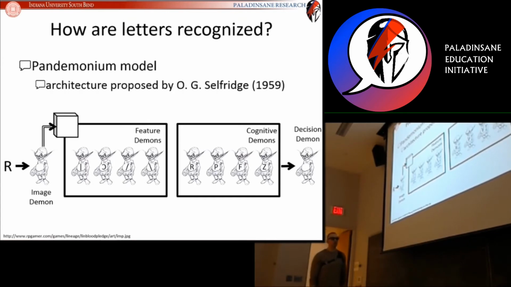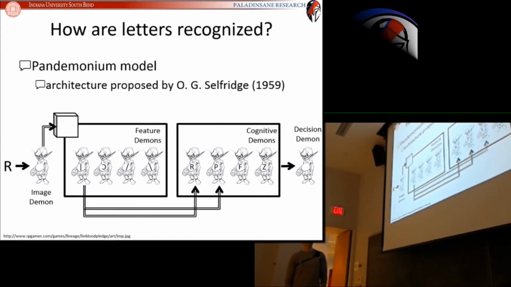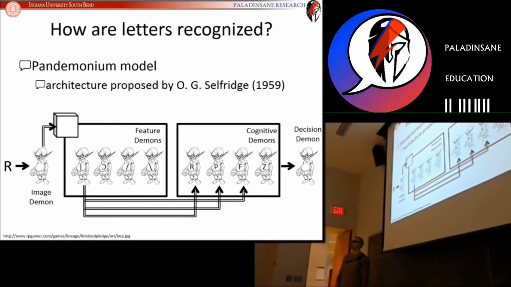Now, the last part of this model that we need is the fact that these feature demons are not allowed to talk to all of these cognitive demons. These feature demons only have connections to certain cognitive demons, right? It's like they all have cell phones, but they only have certain people in their contact list. So for example, this demon over here can talk to the R demon, it can talk to the P demon, and it can talk to the F demon, but it does not have the contact information for the Z demon.